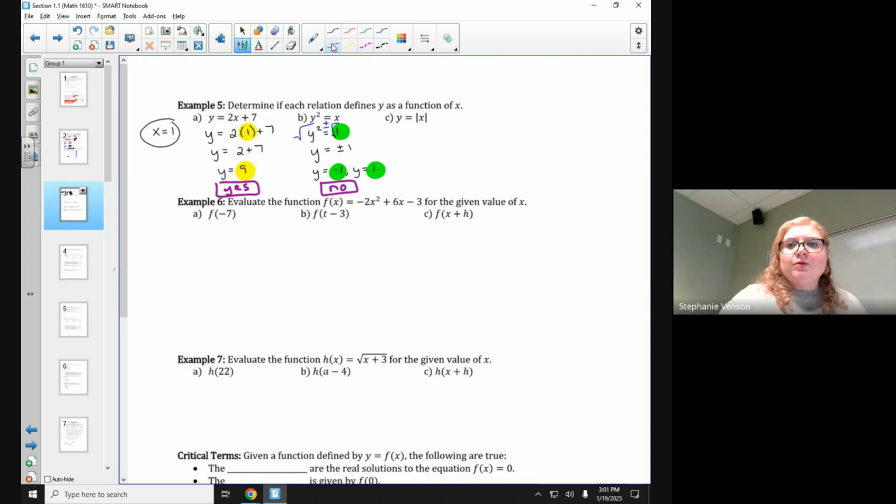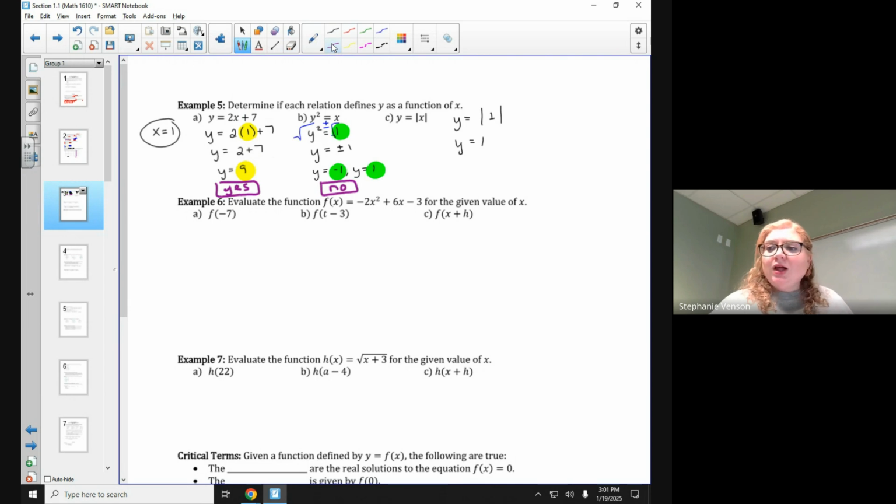Okay, let's do it one more time. Again, we're going to use x equals 1 as our baseline. So y equals the absolute value of 1. Let's see if I can write that a little better. The problem is my 1s look like my absolute value bars, which is not helpful for anybody, but here we go. All right, the absolute value of 1 is 1.